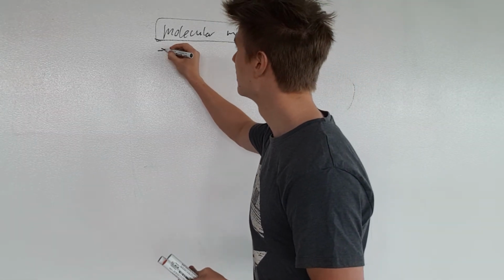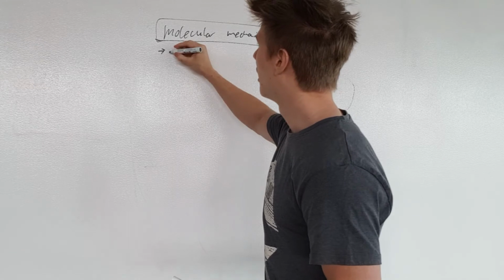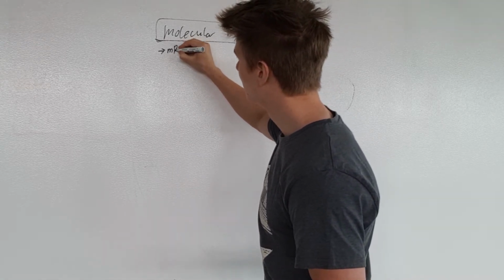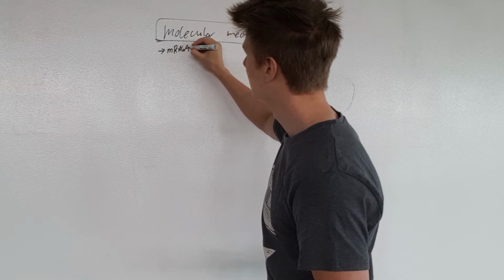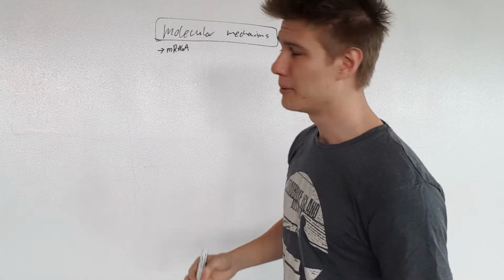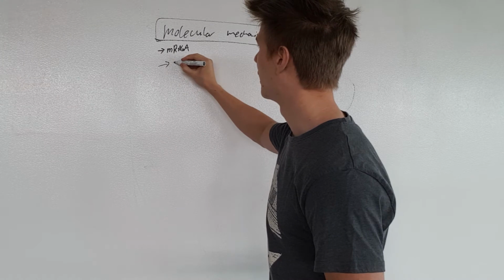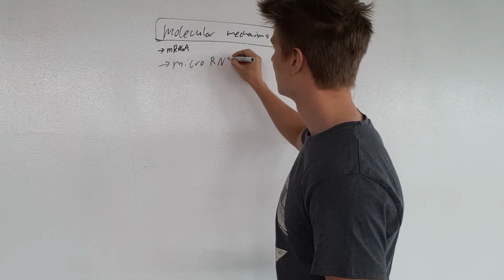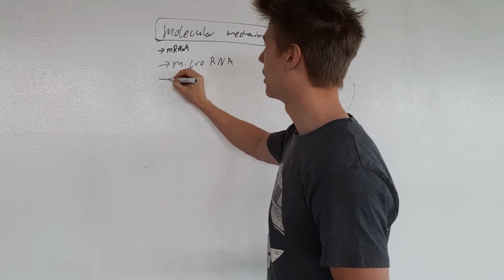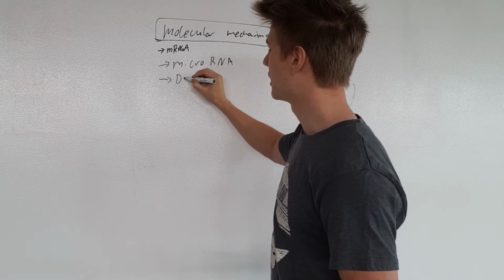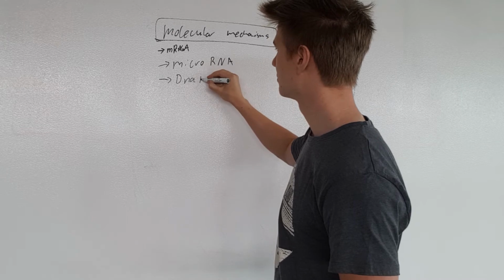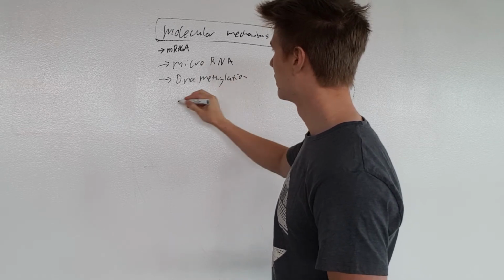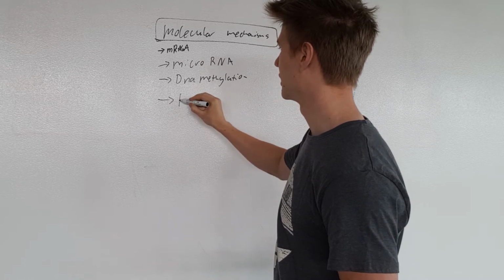So the things that make cells different are mRNA, messenger RNA, microRNA, DNA methylation, and finally, histone regulation.